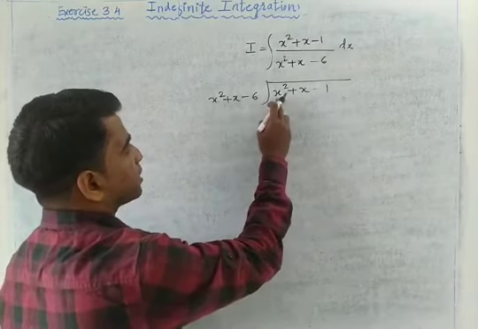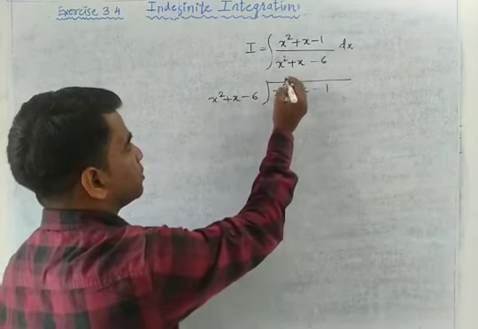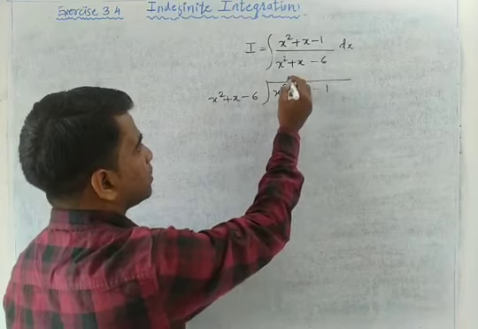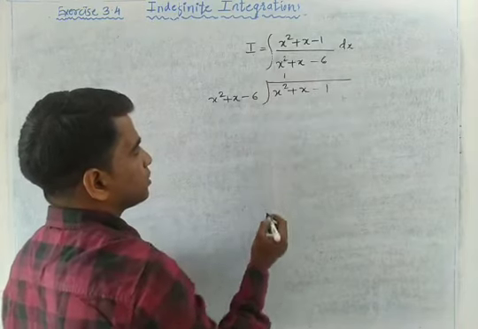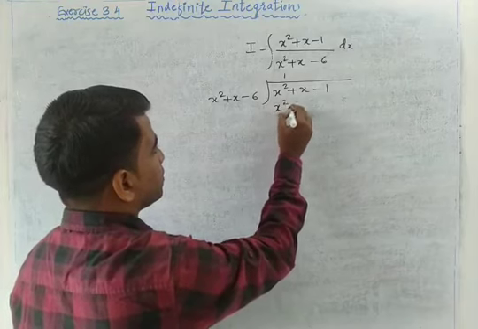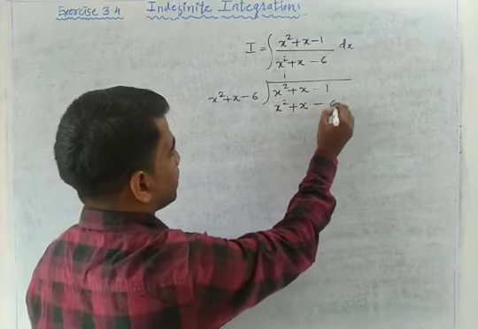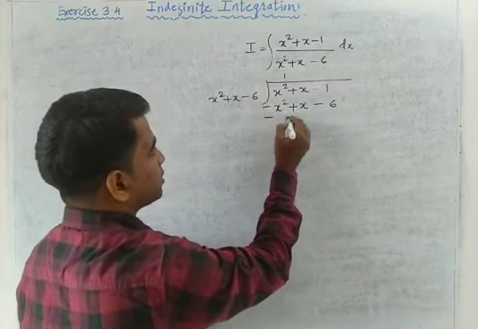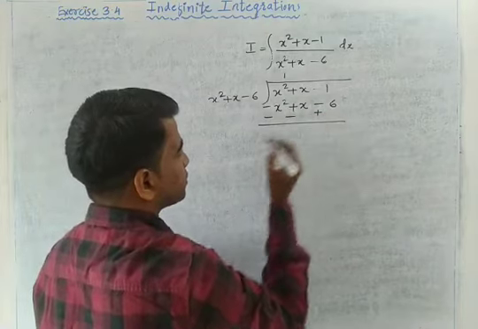Now x square, both are having the same coefficient, so we'll use 1 here. Get it? So now we'll get x square plus x minus 6. Because of division, the signs are going to change.